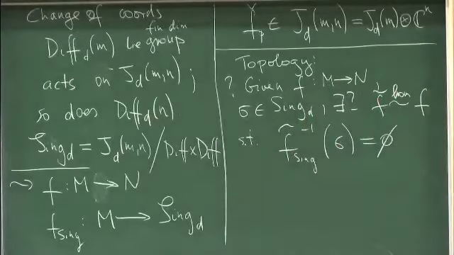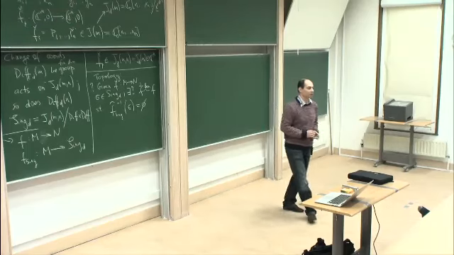In other words, can I avoid a singularity, a concrete singularity sigma in a homotopy class of F? So this was, of course, the one fundamental question of singularity theory.